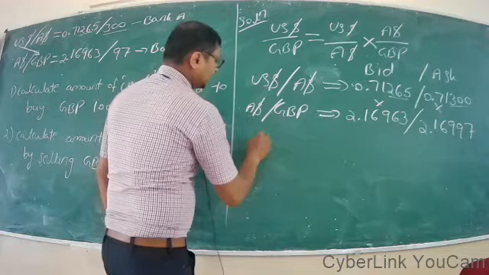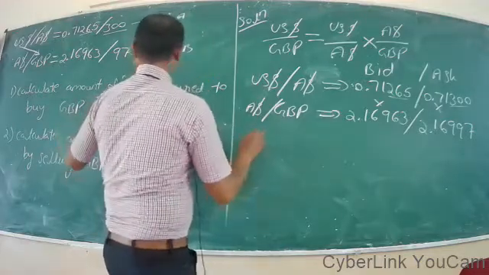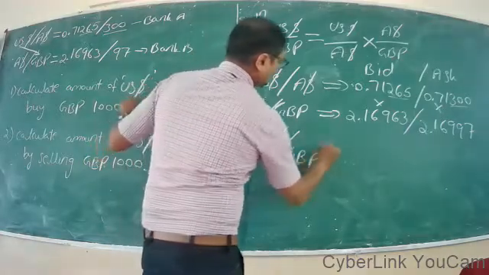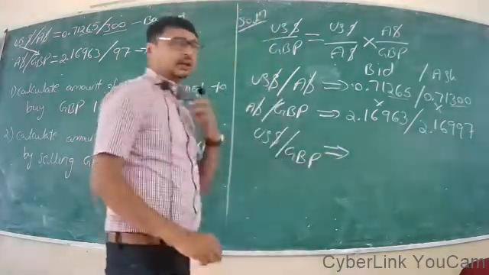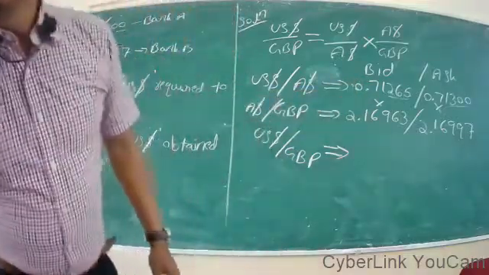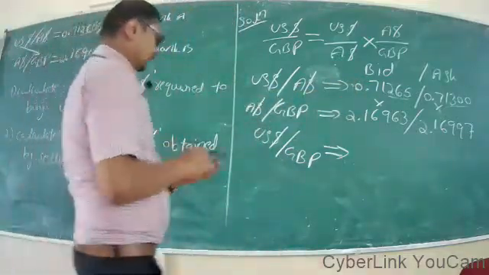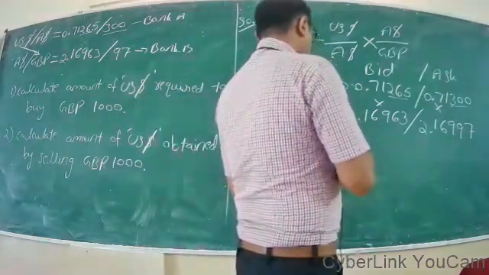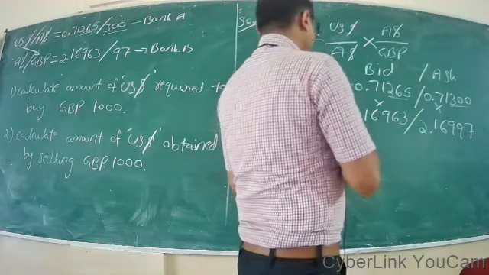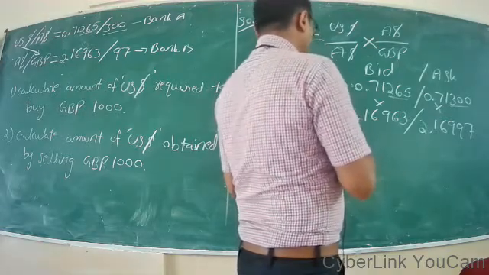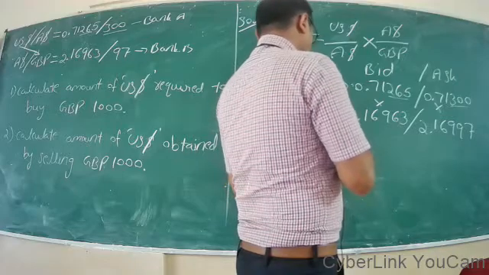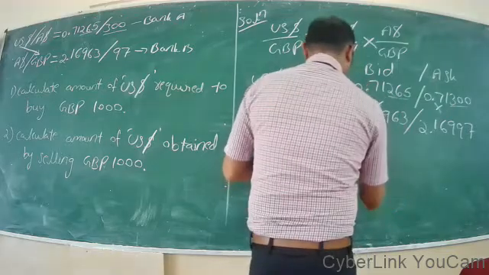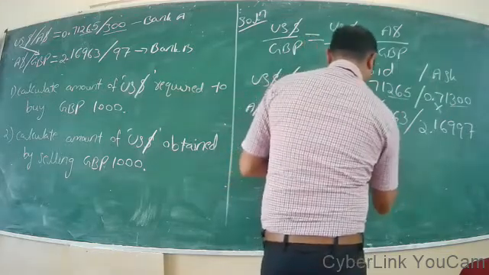So now they are asking to calculate US dollar per GBP, and you need to multiply these two, right? Please do remember the thumb rule of cross rate: bid price must be multiplied with bid only. So 0.71265 multiplied by 2.16963, the bid price US dollar per GBP, is 1.5461.